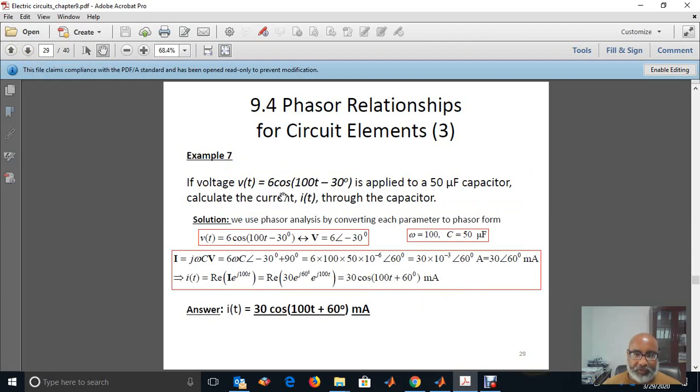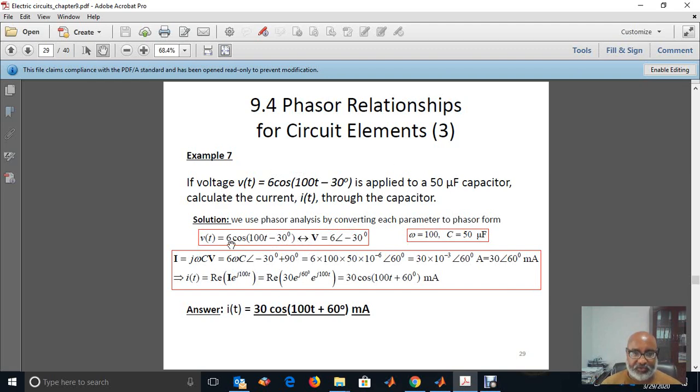Example: if the voltage 6 cosine (100t minus 30 degrees) is applied across a 50 microfarad capacitor, calculate the current i of t, as a function of time. What we should do is first find the voltage in phasor form, and then change the result back to time form.